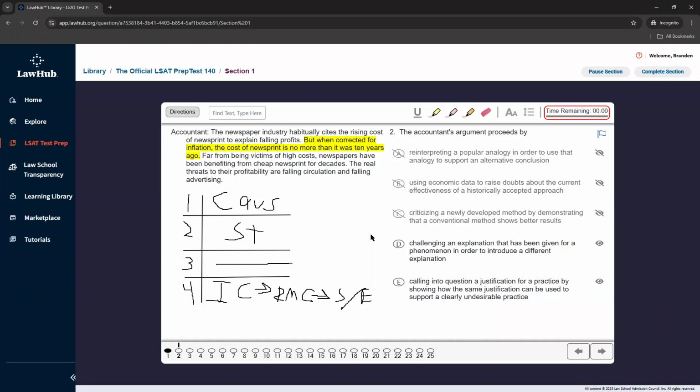We'll stick with that one for now because we're going to look at E: calling into question a justification for a practice by showing how the same justification can be used to support a clearly undesirable practice. I wouldn't like E because we're not comparing a justified practice versus an unjustified practice or anything like that. We are simply challenging an explanation. So for those reasons, I would cross off E and I would choose D. Let's do show answer. Excellent.